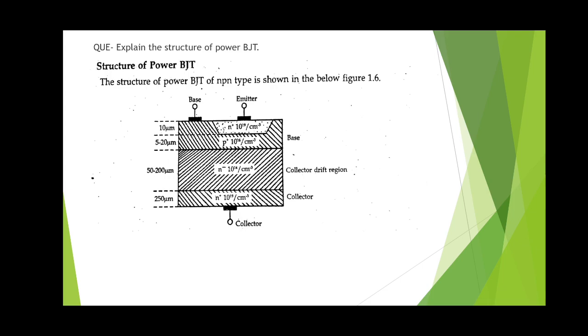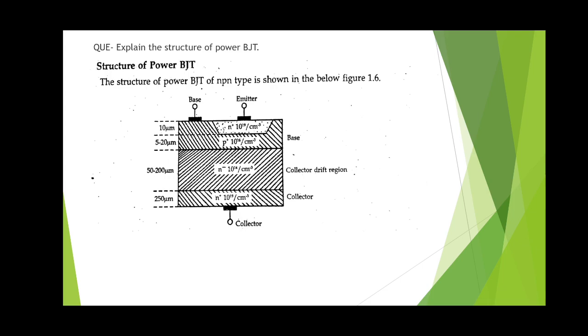Now generally we know that the signal BJT or the ordinary BJT has three layers, that is emitter, base and collector. But in power BJT an additional layer, that is the drift region, is present. So in the figure we can see the dimensions written, and let us understand the structure of the power BJT.